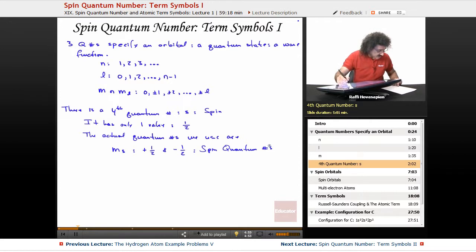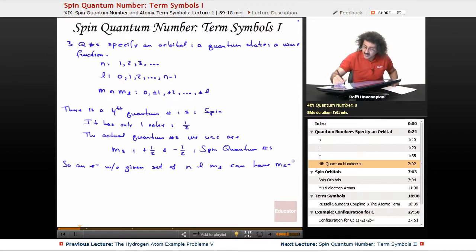So, an electron with a given set of n, l, and m sub l can have m sub s equals plus 1/2, which we call upspin, or m sub s equals minus 1/2, which we call downspin.